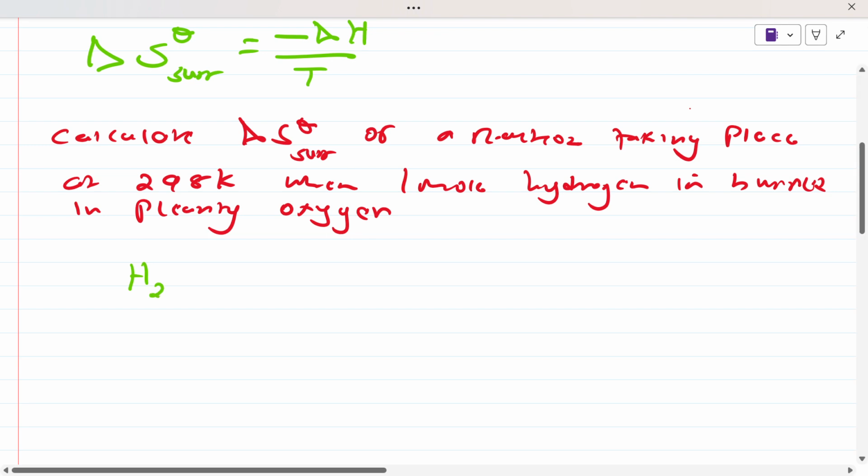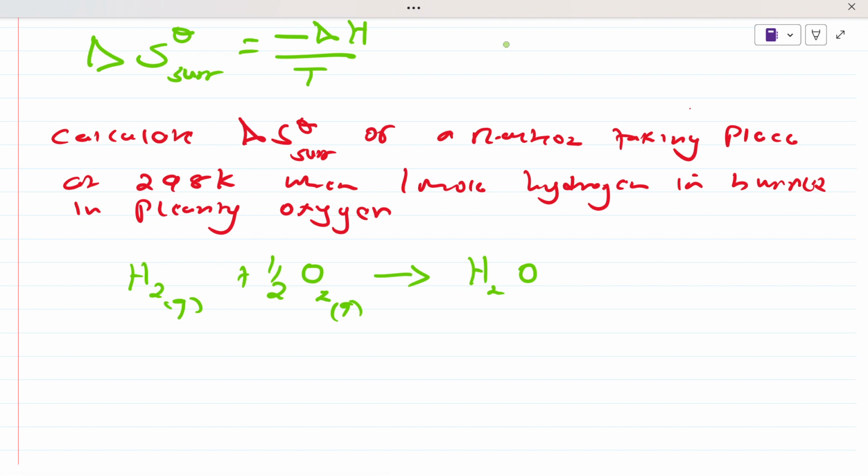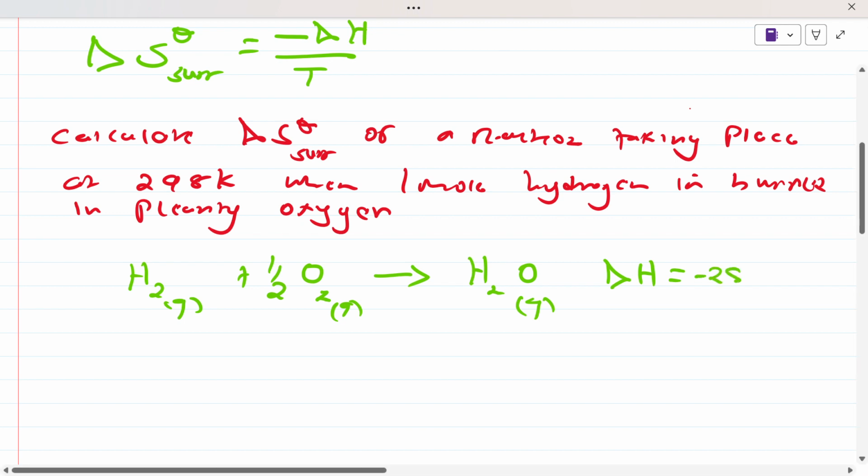The reaction is hydrogen gas reacting with oxygen gas to give you a mole of water. The water can be in gaseous state, because such a reaction is always exothermic, and the delta H for that given reaction is equal to negative 286 kilojoules per mole.